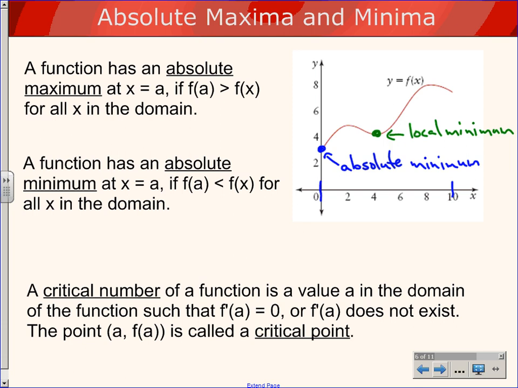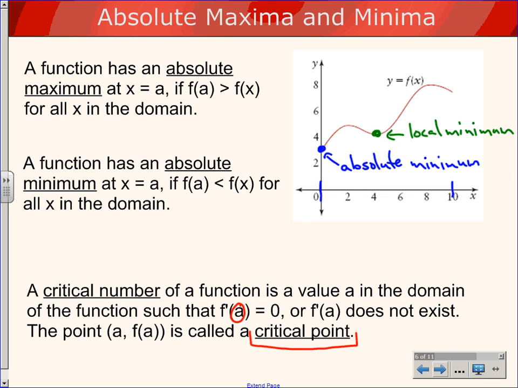At the bottom there, a critical number. A critical number is the number that we would sub in so that we'd end up with a derivative of 0. So a is called a critical number there because f prime of a is 0. I don't use the term critical number very often. We're going to use the term critical point a ton.